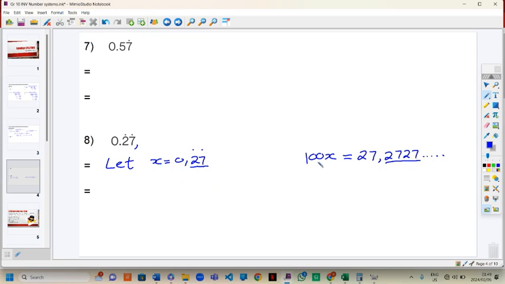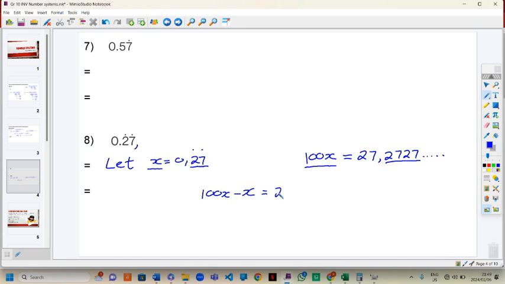So we start with the biggest one first, just for convenience sake. So we've got 100x minus the smaller one, which is x, equal. What was the 100x equal to?